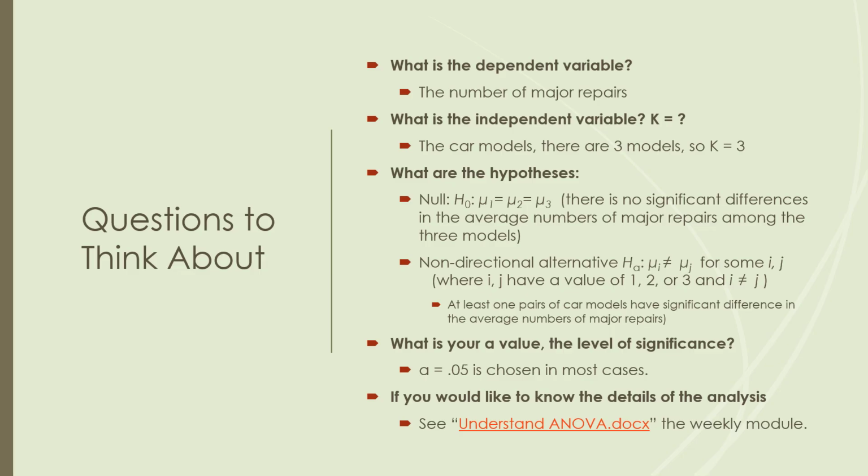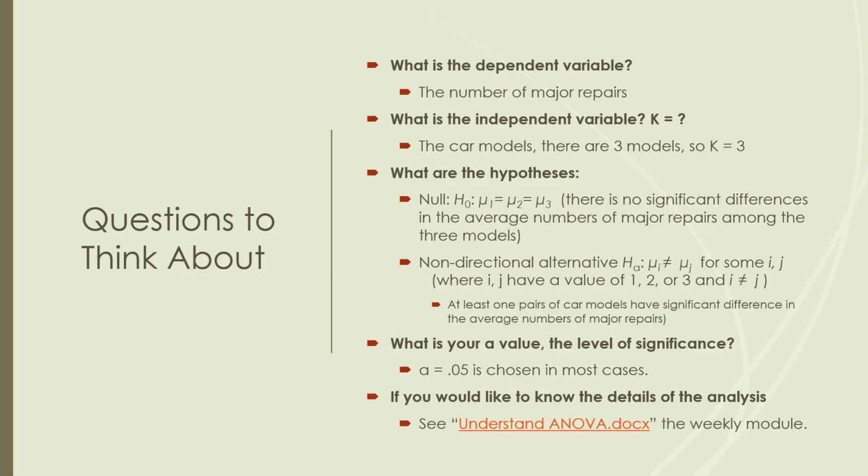This seems complicated, but all it's saying is that at least one pair of car models differ significantly in the average number of repairs. We will use alpha 0.05 given the small sample size.